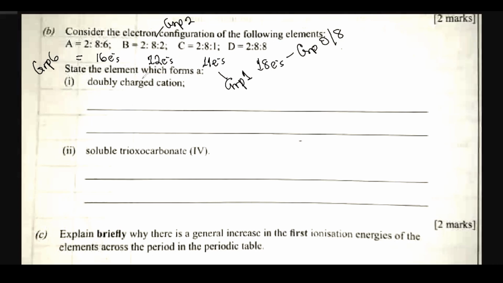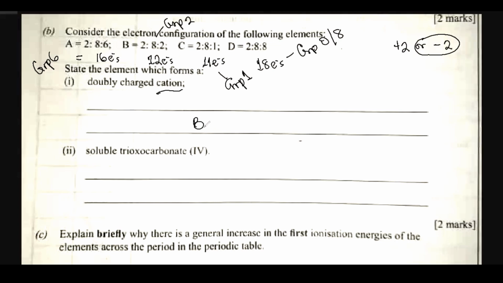All right. State the element which forms a doubly charged cation. A cation is not negative, so for it to be positive, it has to be a metal, and that's a group 2 element, which is B. If they had said doubly charged ions, it would have been either A or B. A doubly charged anion would have been A. So please, you must make use of the letters given to you in the question.